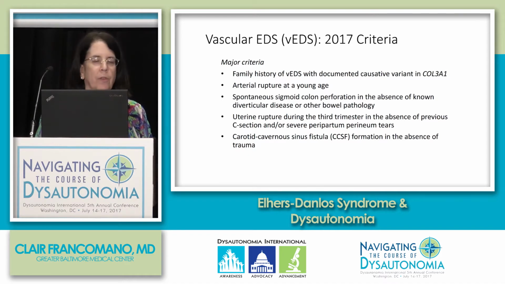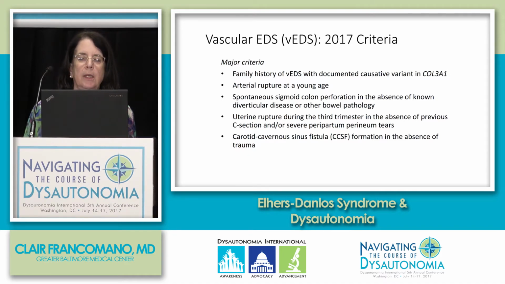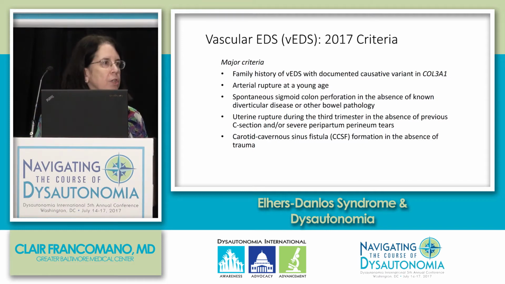Spontaneous rupture of the sigmoid colon in the absence of known diverticular disease or other pathology that might explain such a rupture is another. And women with the vascular type of EDS are at risk of uterine rupture during the 3rd trimester.